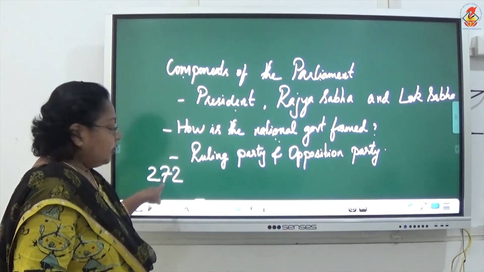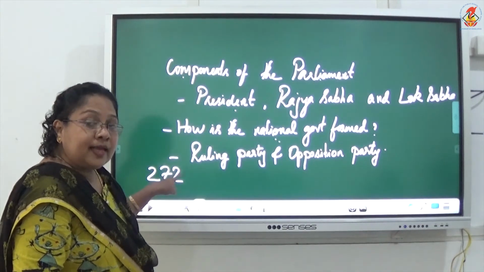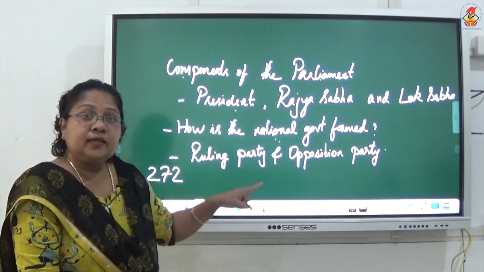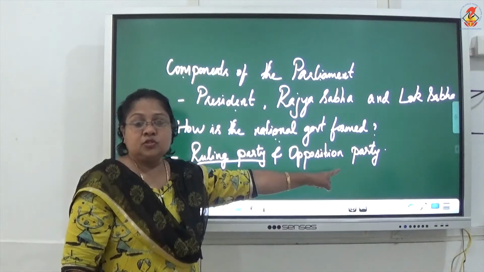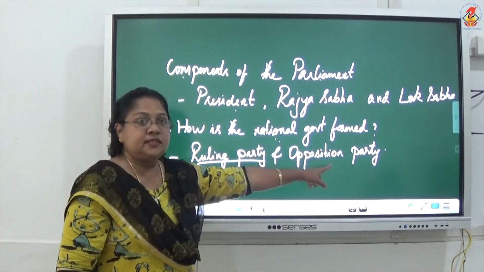When a party acquires a clear majority, that party will form the government. The party which obtains a clear majority forms the government and is known as the ruling party. The rest are known as the opposition party. Those who oppose the ruling party are the opposition party.